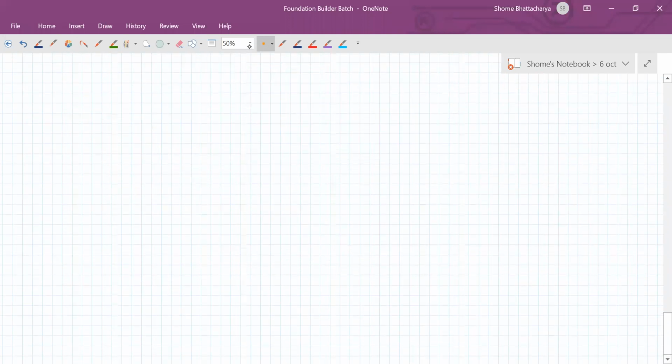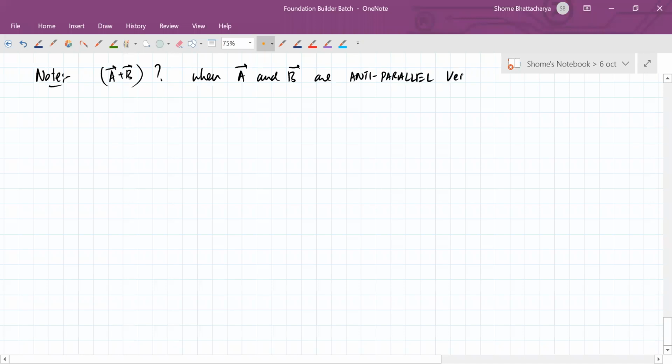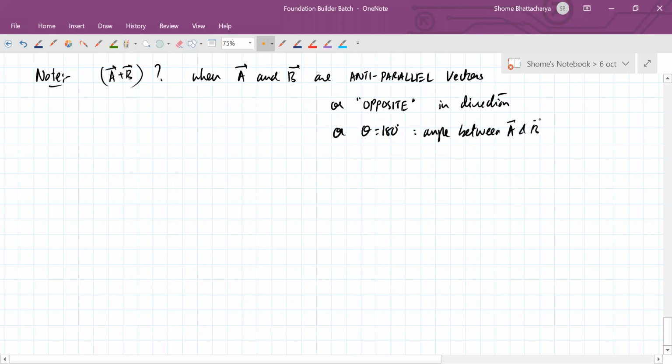Now next special case we have to see is how to find the resultant of A plus B when A and B are anti-parallel vectors, or opposite in direction, or in other words, theta is equal to 180 degrees, the angle between A and B. If we just want to understand this visually, it's very easy.